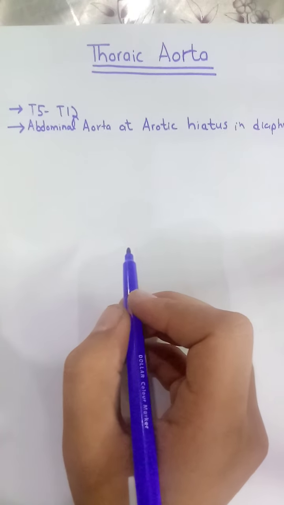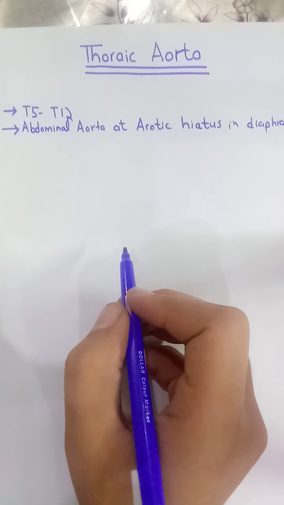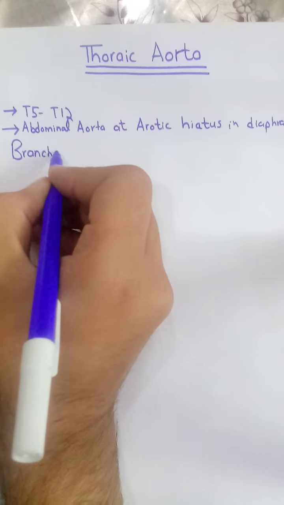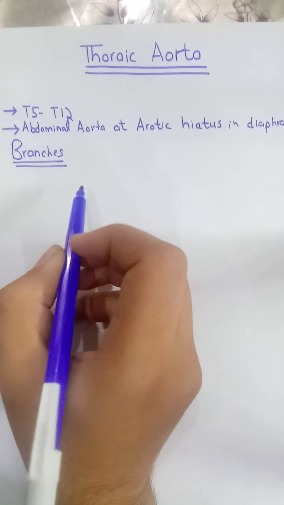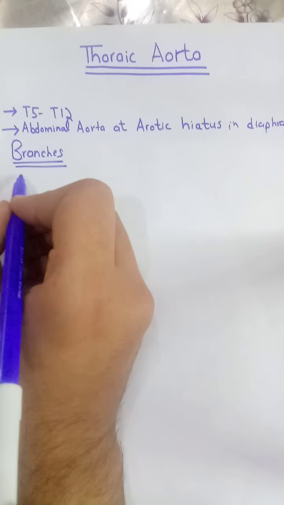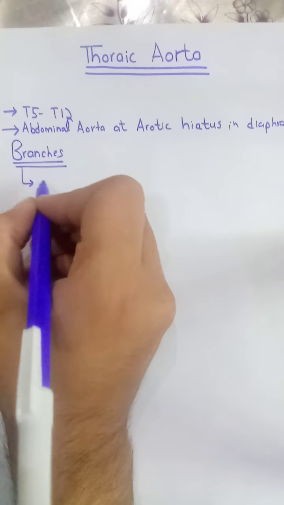So now we will discuss the branches of the thoracic aorta. The branches are divided into three main types. The first type is the paired visceral branches.